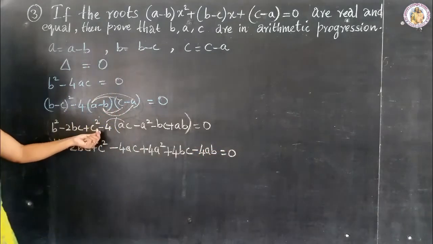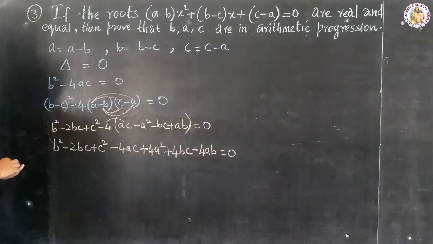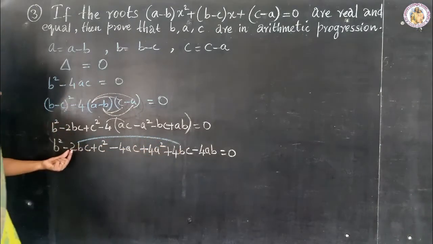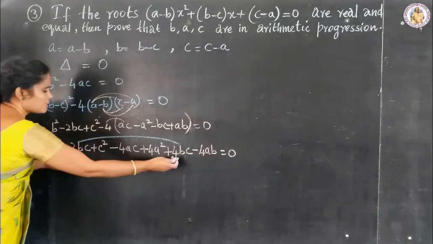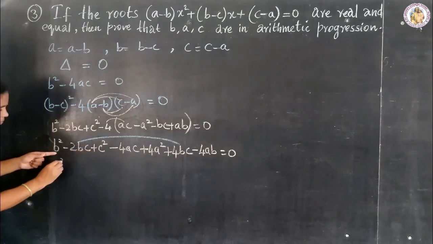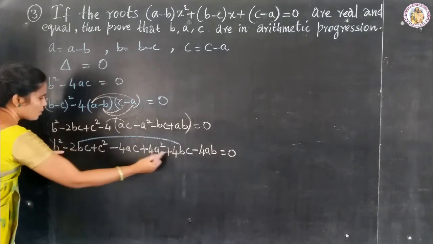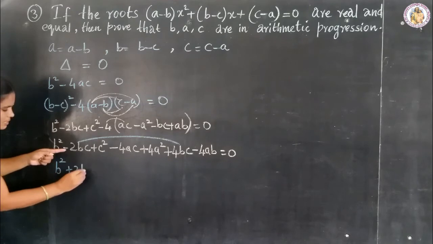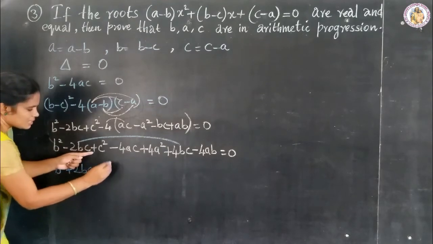is equal to 0. Okay, and the next step, add or subtract the like terms, 2bc and 4bc. Alright, b square, minus 2bc plus 4bc, you get plus 2bc plus c square.